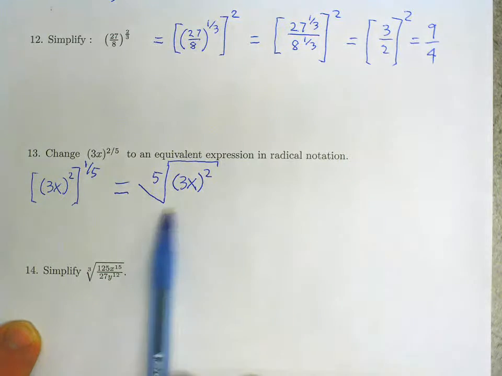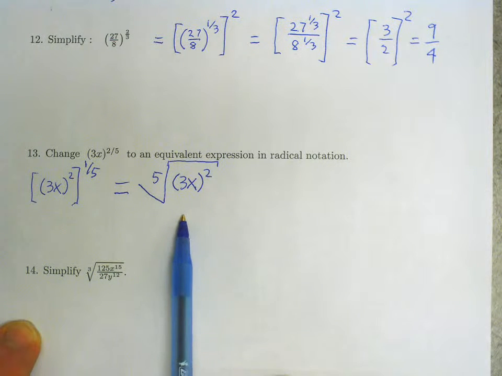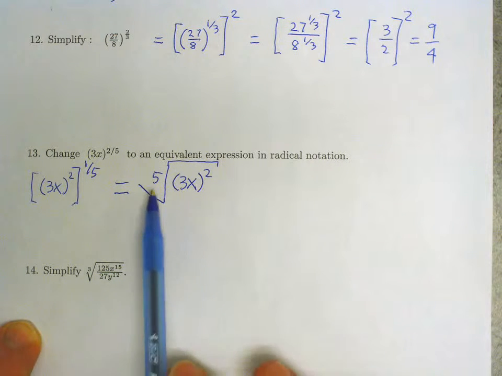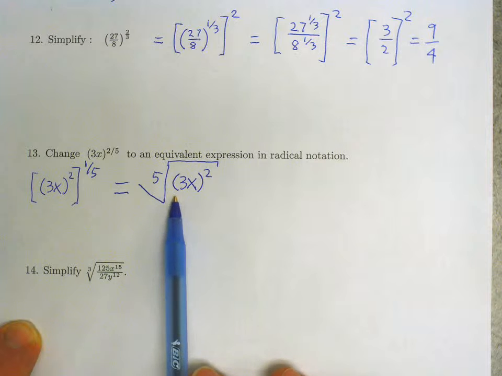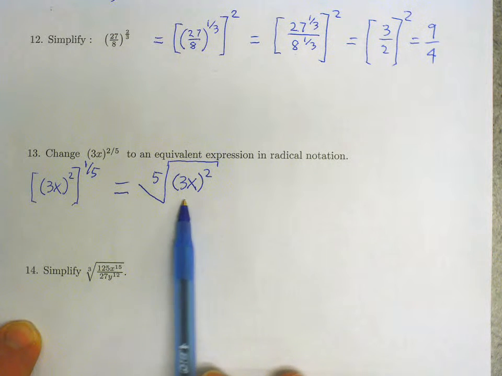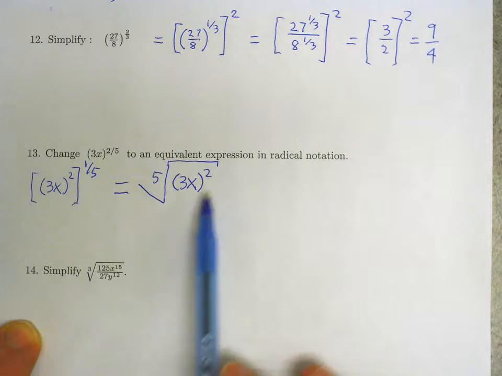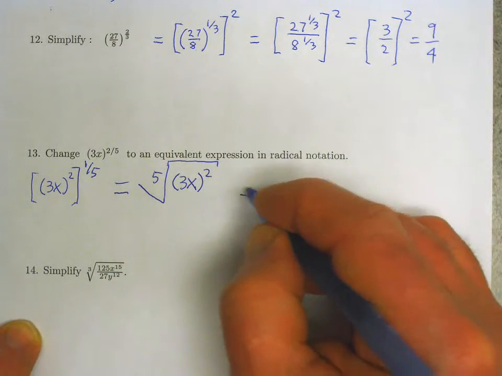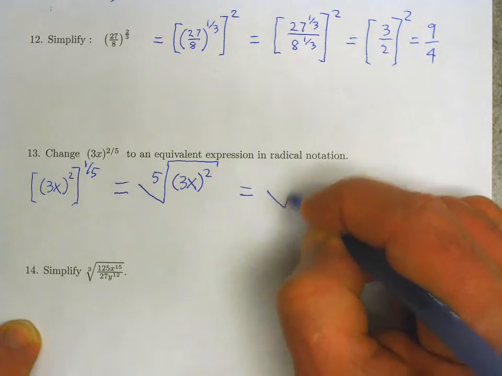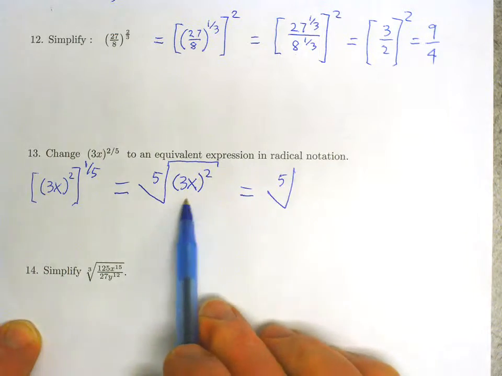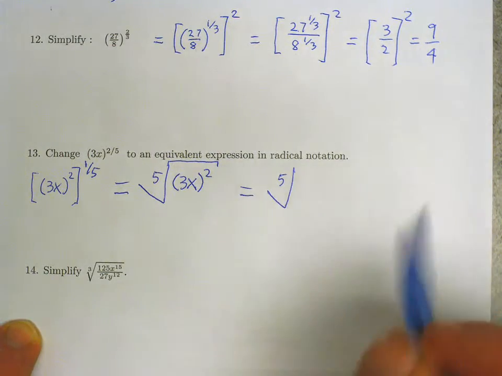Okay, so this is an acceptable way to write the radical with index 5. But make sure that you understand what's going on. We're squaring the term 3x. So another acceptable way is to go ahead and square 3x. That means 3x times 3x.